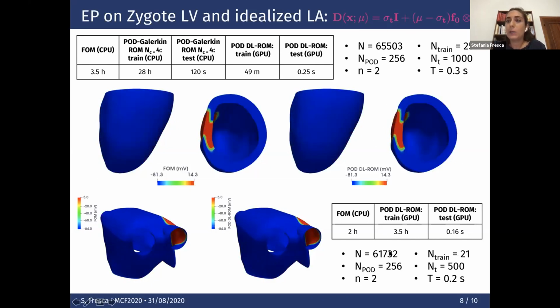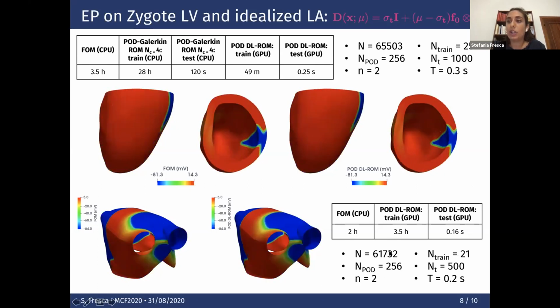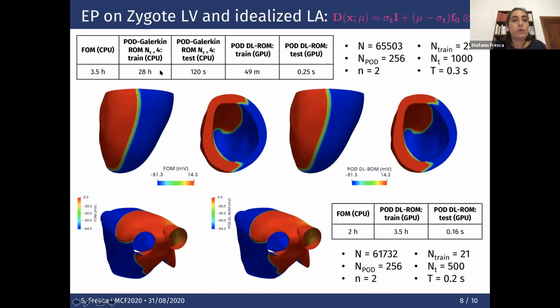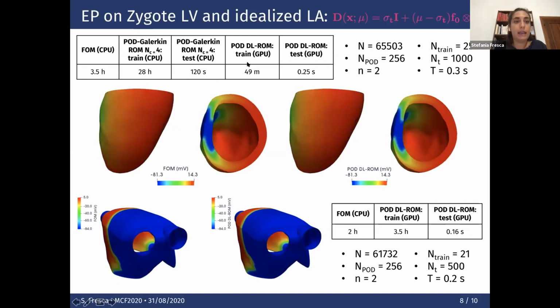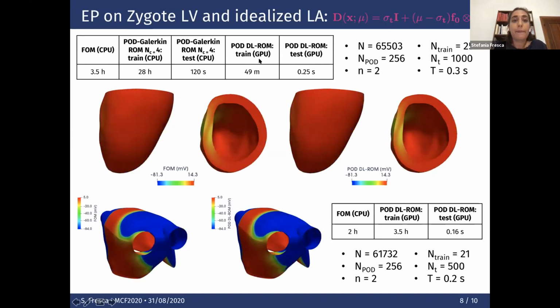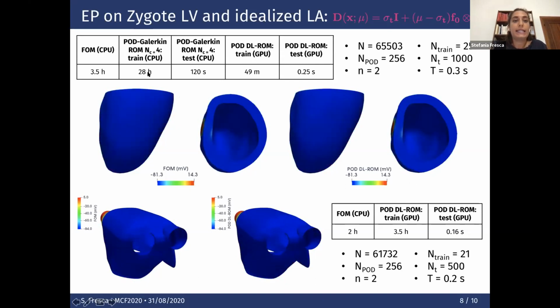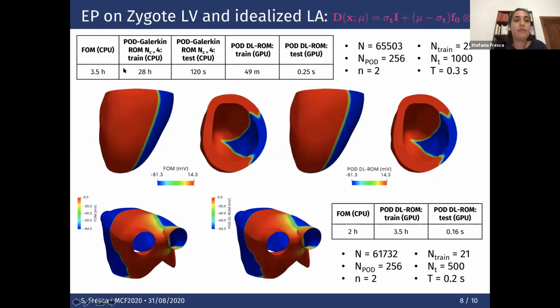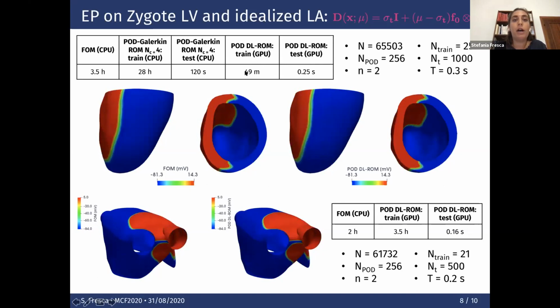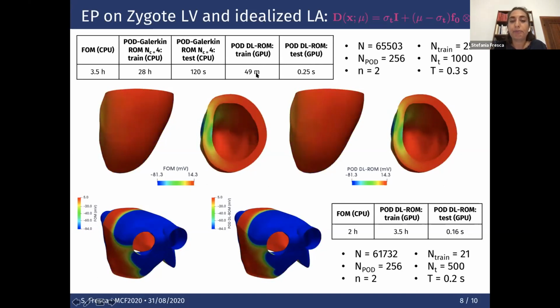In both cases, we match the intrinsic dimension of the problem, which is 2. And I want to remark on the times. In particular, the use of the POD-DL-ROM technique decreases again drastically the training times from 28 hours, which is the training time of the POD-Galerkin ROM, to 39 minutes.